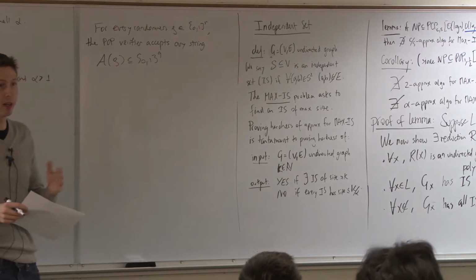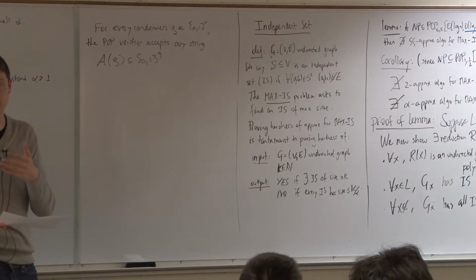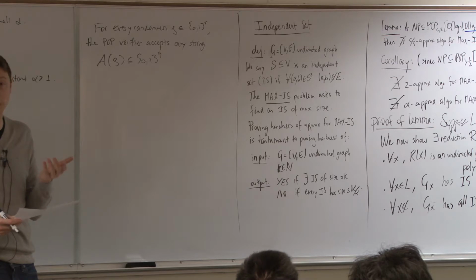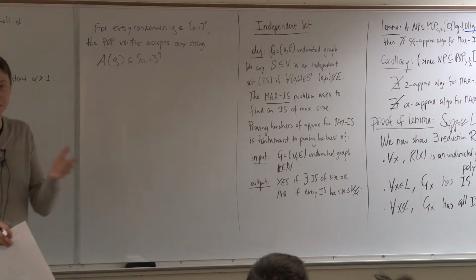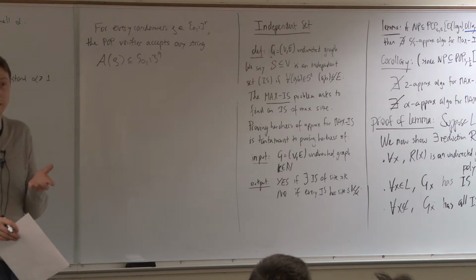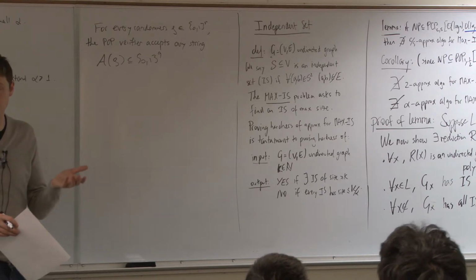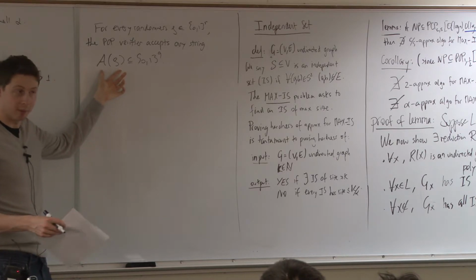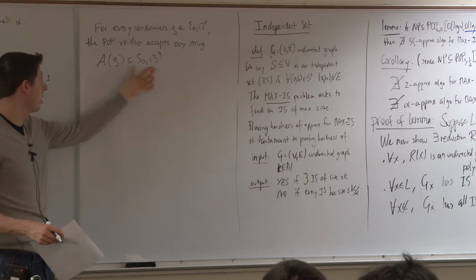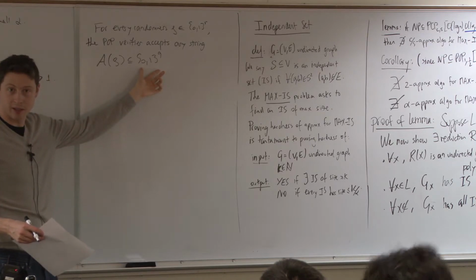The PCP verifier will make some queries and will get back some answers. How many answers? Well, q. Now, it could be that every single possible q-tuple that comes back makes the verifier accept, or maybe some of them don't. Okay.